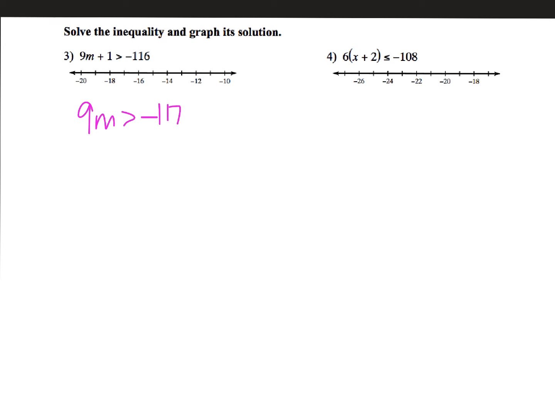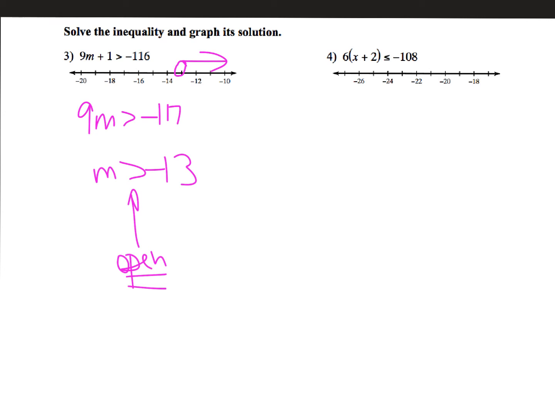And then you take that negative 117 and you divide by 9 on both sides. And you get negative 13. I did not divide by a negative, so I do not switch the sign. Negative 13 is here. I do an open dot, so feel free to add that to your notes, that you need an open dot there because we don't have an equal to portion. And then we want to be bigger than negative 13, so we got to point that way.